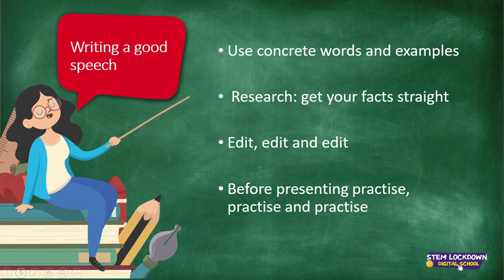As we continue with writing a good speech, you need to use concrete words and examples. If you think back to Chimamanda's speech, she used the example of the houseboy. She came from a pretty comfortable, well-off family and they had a houseboy from the village, and her mom always told her that they were poor.